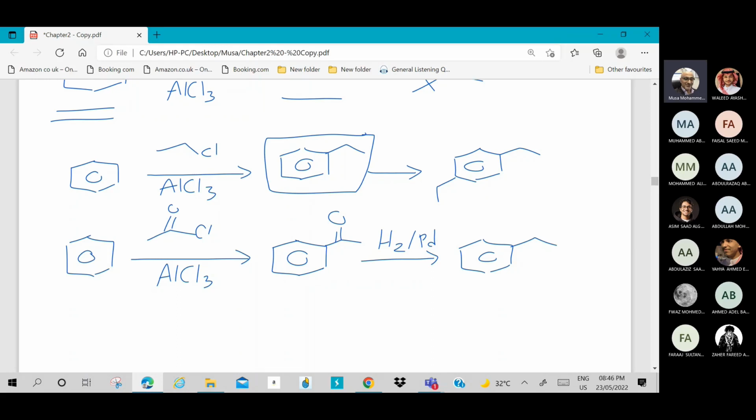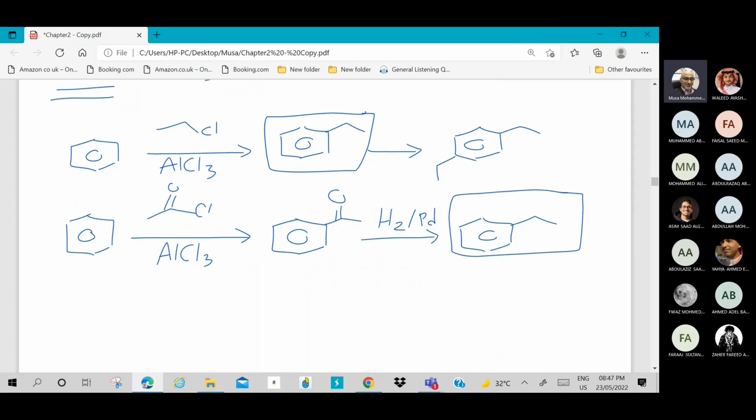Okay, so if you are interested in producing this, then you will not do direct Friedel-Crafts alkylation. You will do Friedel-Crafts acylation followed by the reduction. Friedel-Crafts alkylation suffers from the problem of rearrangement first, which is not a possibility in this case.